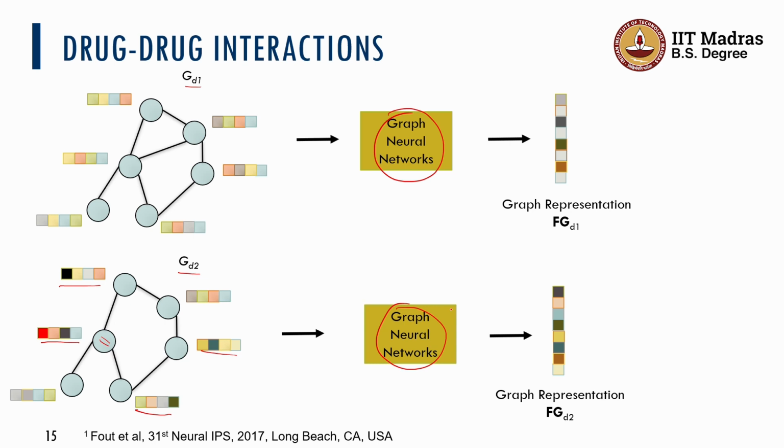How to learn them together? You can learn the representation of each graph independently using all the unlabeled data, as we discussed earlier in molecular property prediction, or you can actually combine it with the task of interest or downstream task of interest.